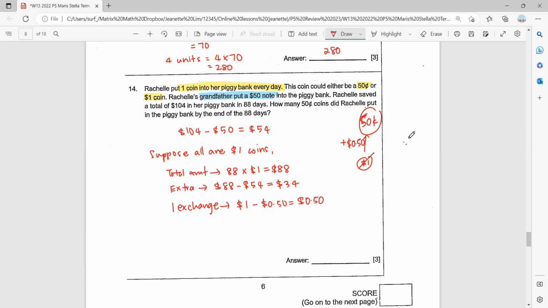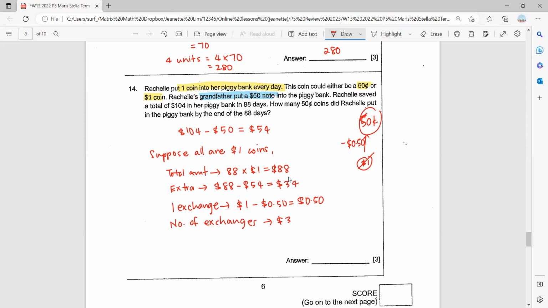So how many times must I do this exchange in order to lose this extra $34? Every time it's 50 cents, 50 cents, 50 cents, 50 cents. How many 50 cents are there in $34? So that is the number of exchanges that I need.